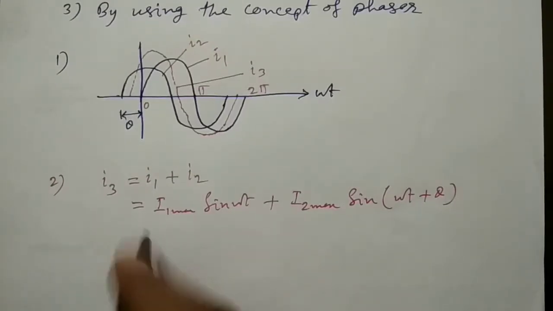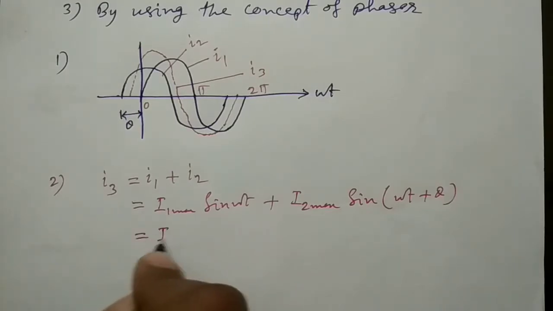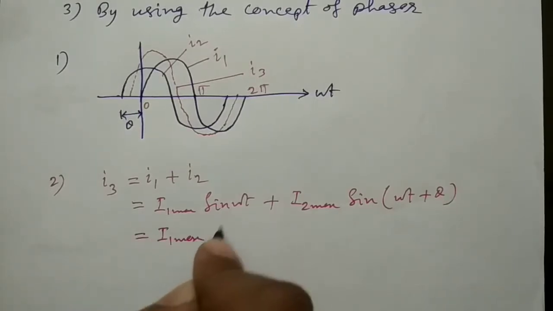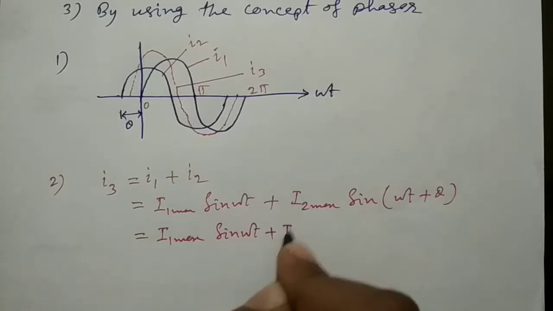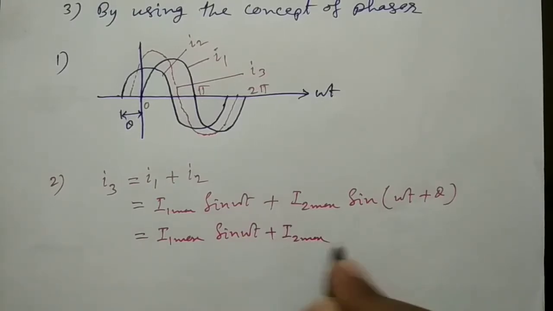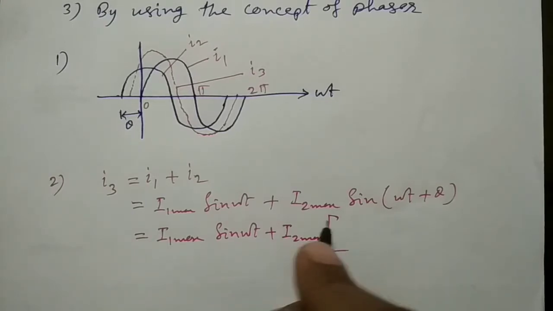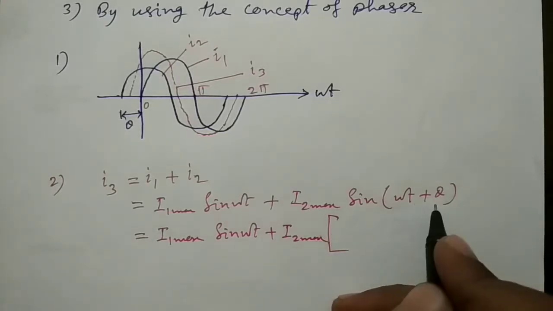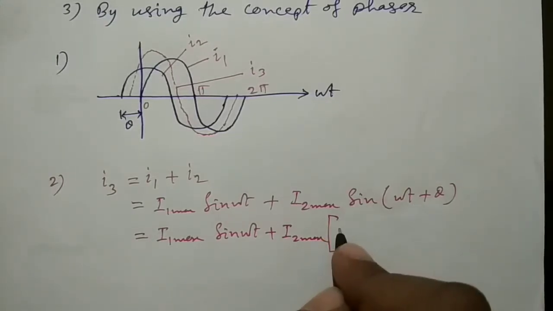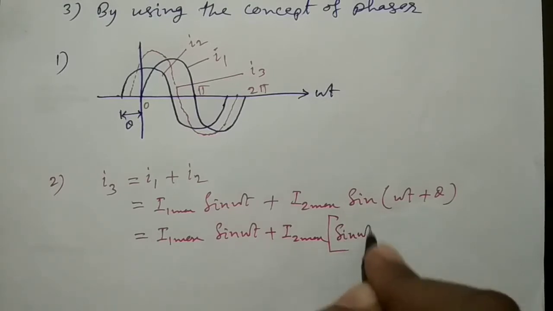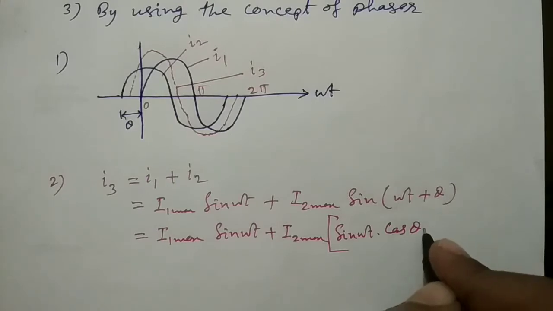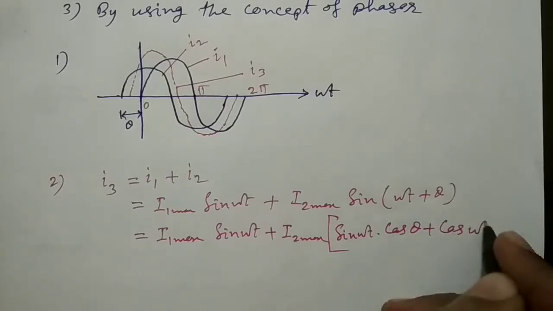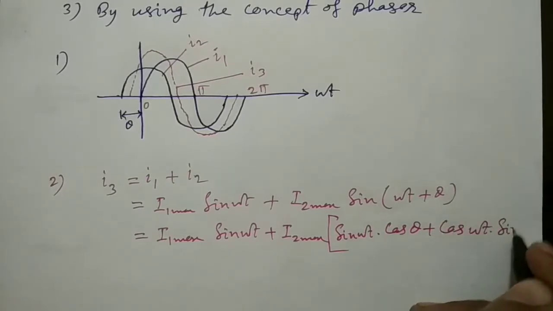If we simplify this, we can write I1 max sine omega t plus I2 max. This is sine A plus B, so the formula will be sine omega t into cos theta plus cos omega t into sine theta.